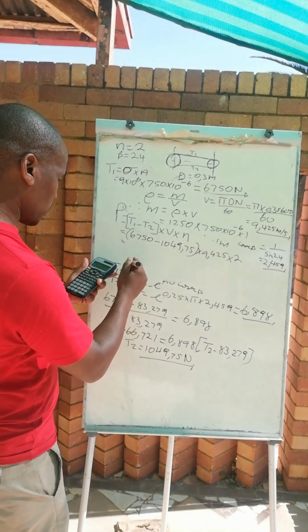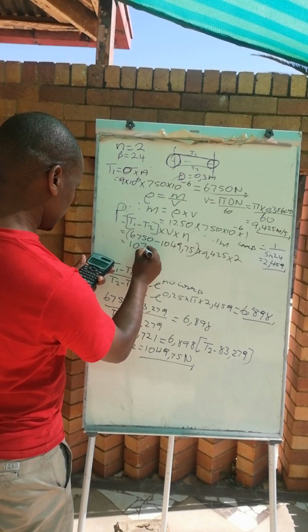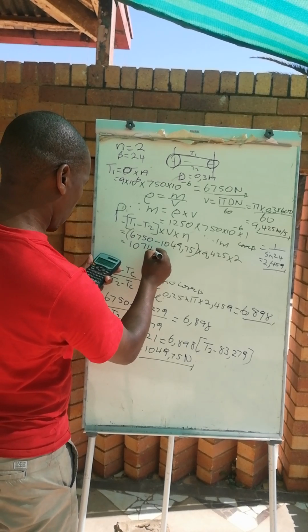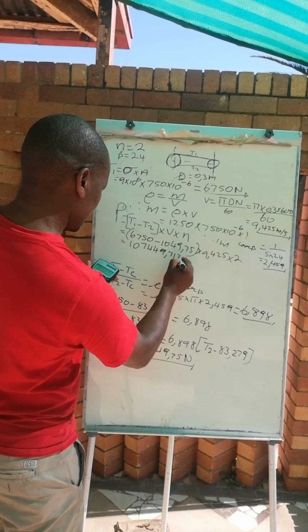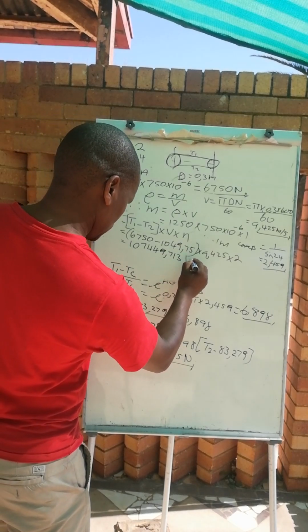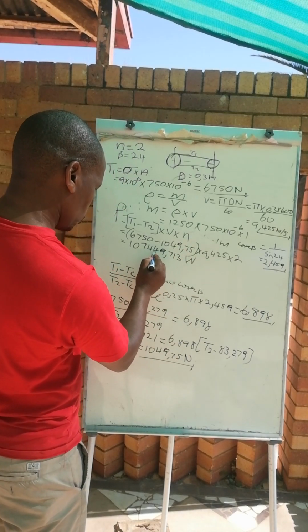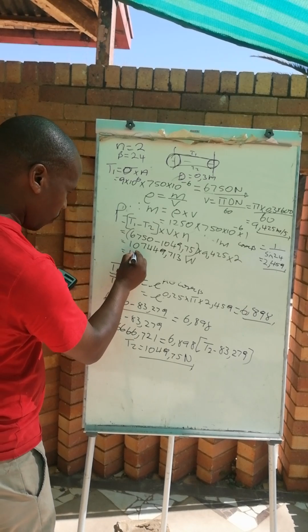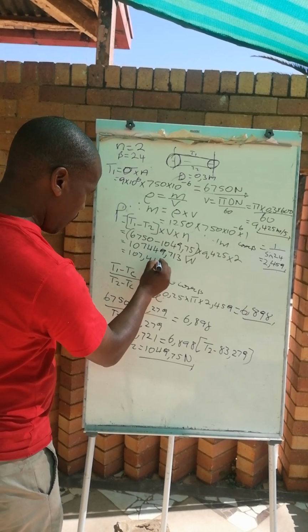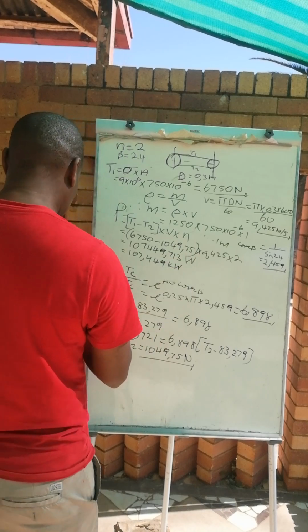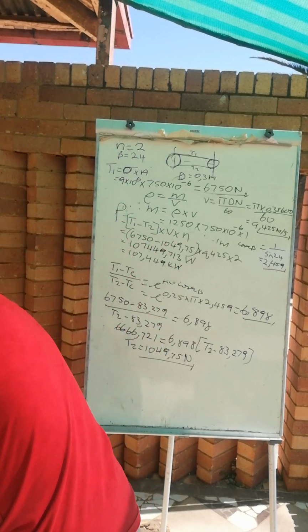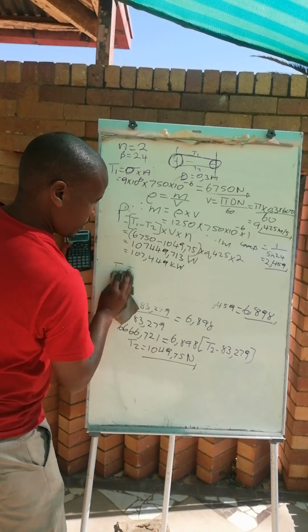Answer: we've got 10,749,713 watts, which is 107,449 kilowatts. All right.